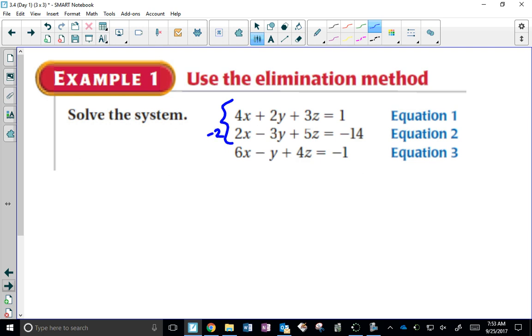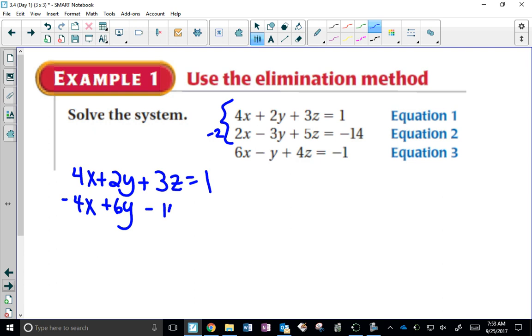So I'm going to write down my equation 1. 4x plus 2y plus 3z. Writing down my first equation. Equation 2, as I go through it, I'm going to multiply by negative 2. So I'm going to get a negative 4x, a positive 6y, because it's a negative times a negative, a negative 10z equals negative 2 times negative 14, a positive 28.